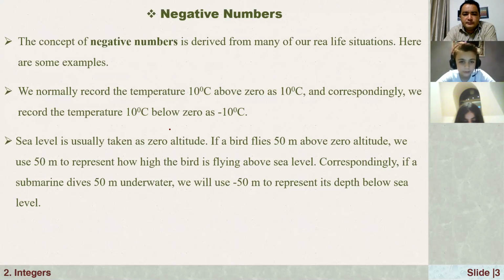Ibrahim, continue. Negative numbers is derived from many of our life situations. Here are some. We normally record the temperature. Teacher, I can't see the screen now. Really? Okay, just a minute. One minute.